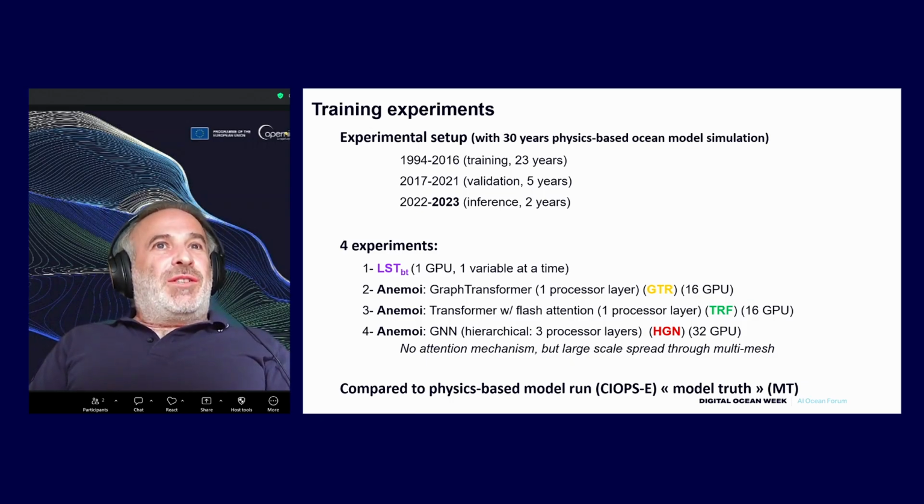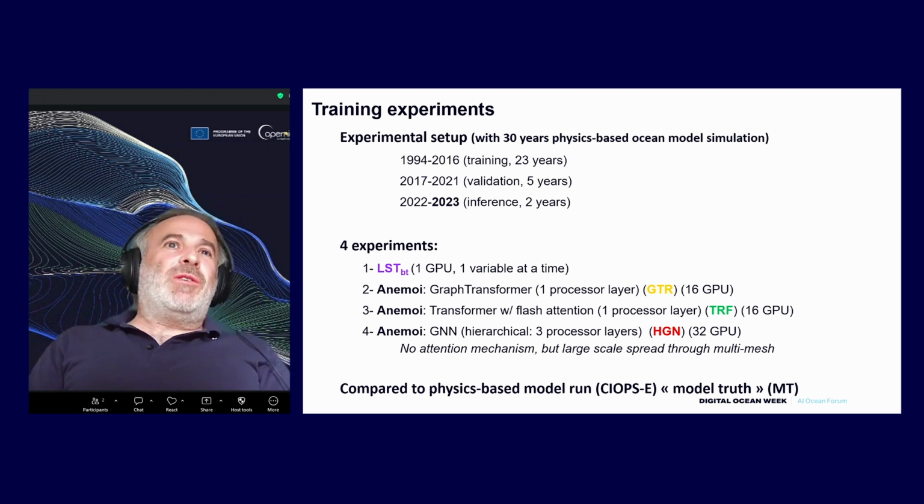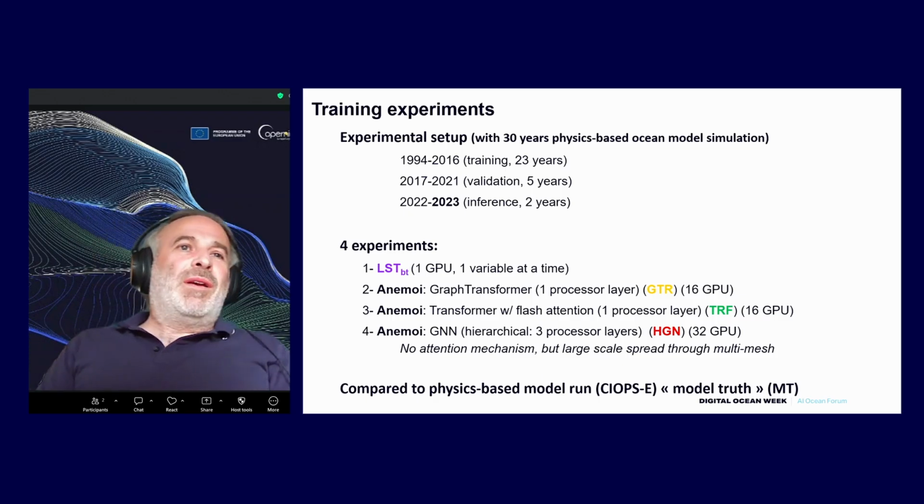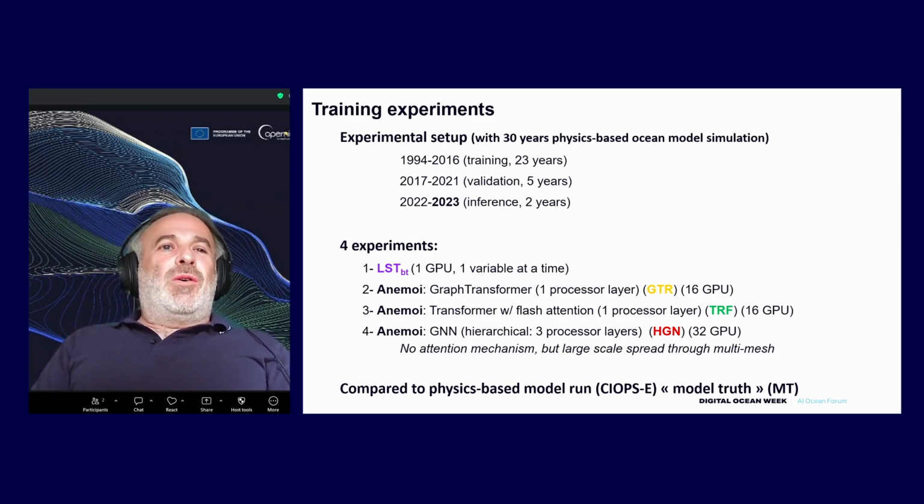So we've been doing a training based on our physics-based ocean model simulation. We have a 30-year simulation and an independent period for doing inference. I will just summarize results from 4 experiments, one with the LSTM-based model and others with different configurations of Anemoi.